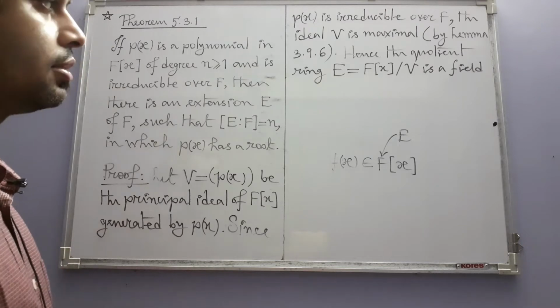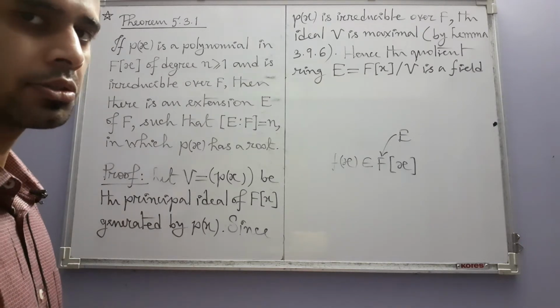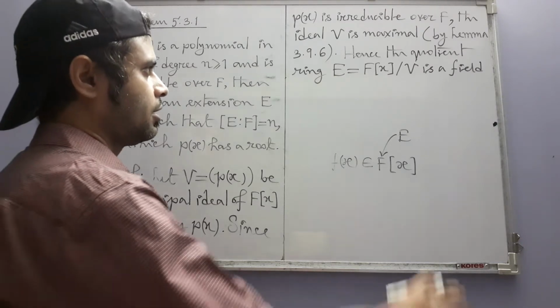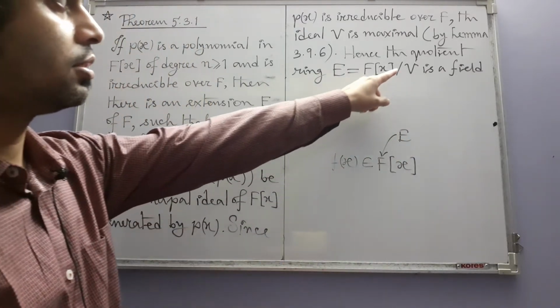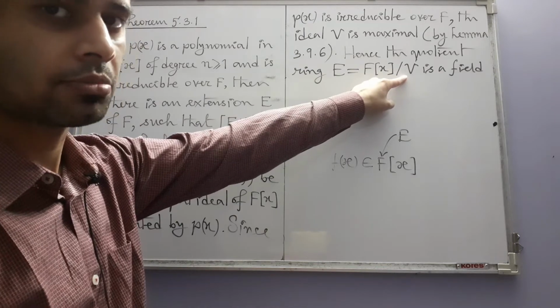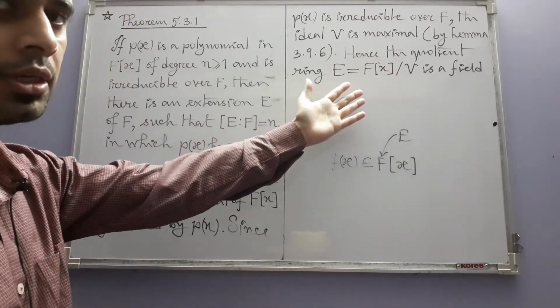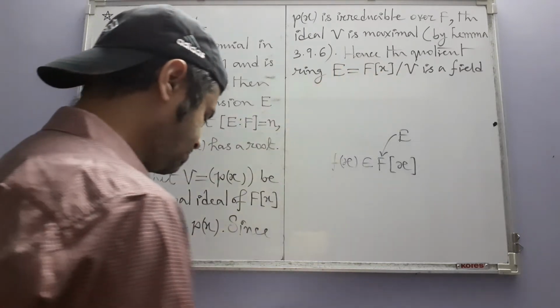Once you have an ideal in a ring, you can form the corresponding quotient ring, and this is going to be a field because the ideal by which you are forming the quotient is a maximal ideal, and this is one of our ring theory results.